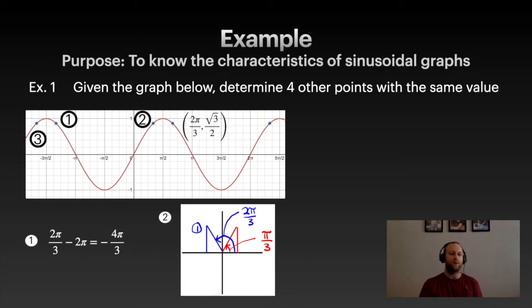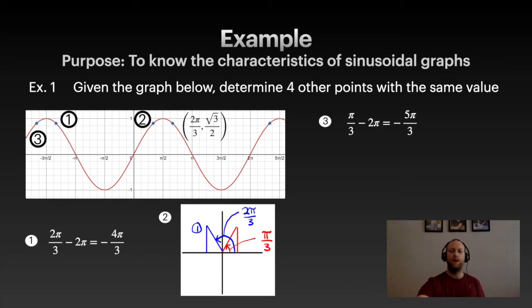Next, we'll look at point 3. Point 3 and point 4 are going to be very simple now that we have point 2. If point 2 is pi over 3, if I want to get to point 3, looking at the graph, I am going to subtract 2 pi. I'm doing a full rotation to get back to that point. So here is your equation, pi over 3 minus 2 pi. We get negative 5 pi over 3.